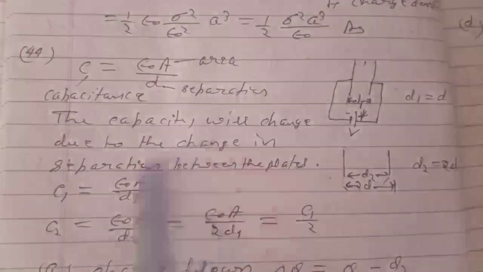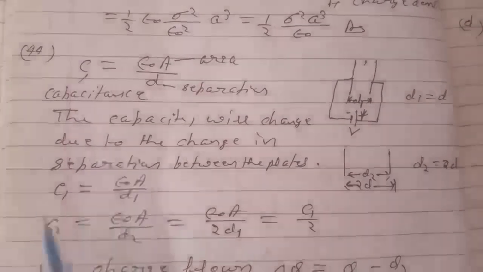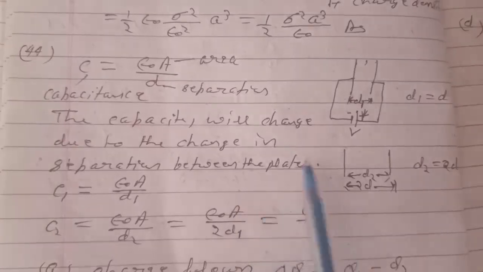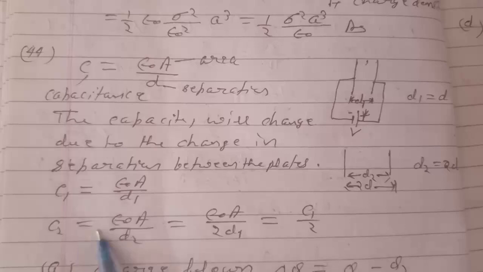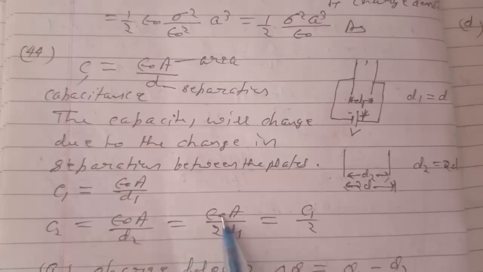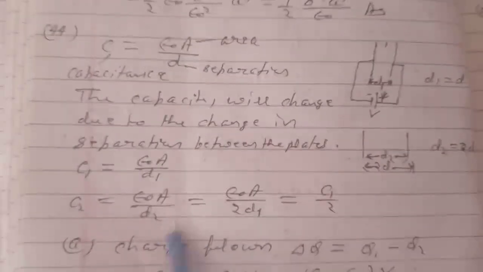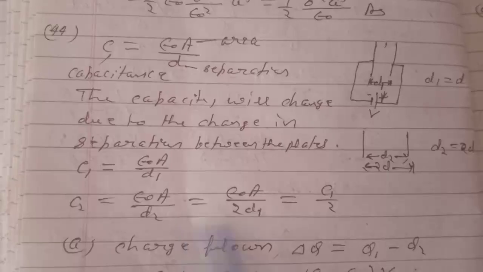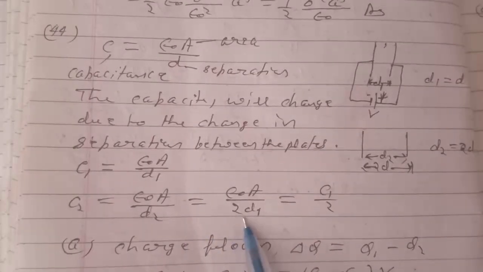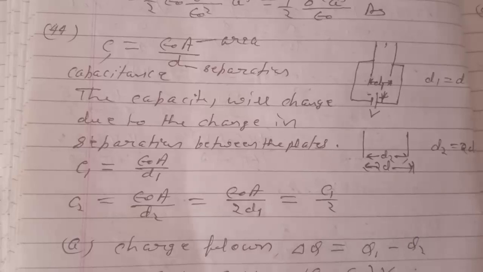The capacitance will change due to the change in separation between the plates. So C1 equals epsilon naught A by D1, and C2 will be epsilon naught A by D2, or epsilon naught A by 2 D1, because the separation has become twice the initial separation. So C2 equals C1 by 2.